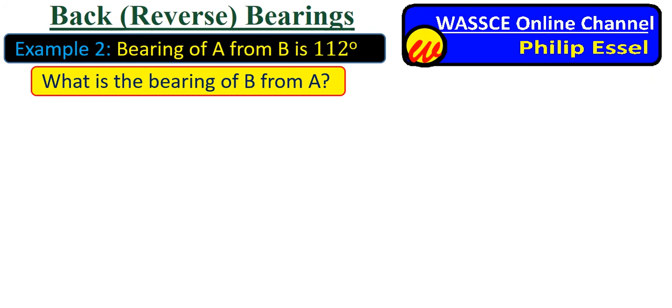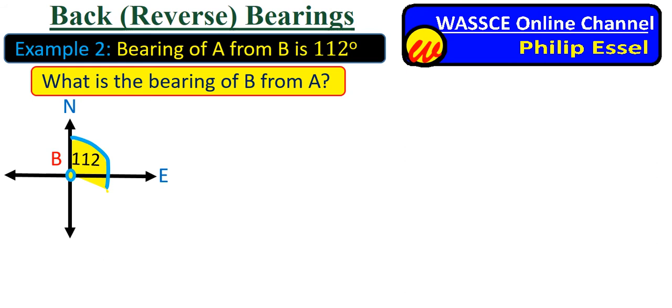In the first part of the question, the bearing is from B. So what this means is that the starting point or the origin will be B. So let's draw the cardinal point with the point B as the origin. Next, we would move from the north pole of the point B in clockwise direction through an angle of 112 degrees.